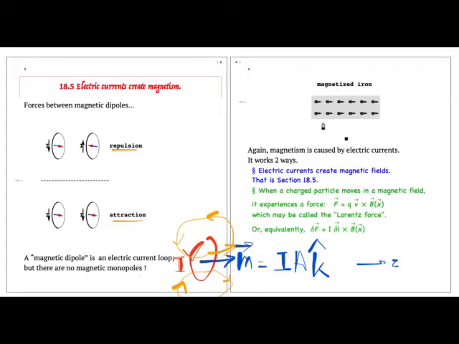Each iron atom has an electron current flowing around the atom. And if all of those dipoles are pointing in the same direction, then you'll end up with a North Pole on one side and a South Pole on the other side, because the magnetic field always comes out of the North Pole and comes back into the South Pole.